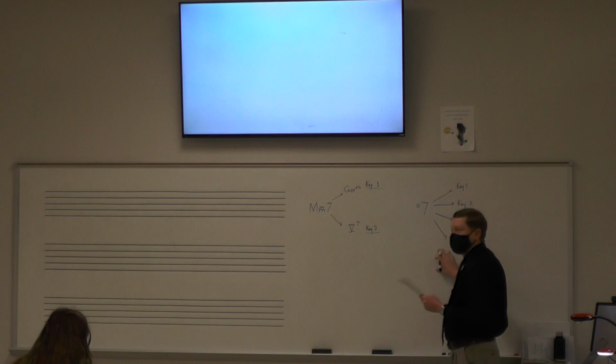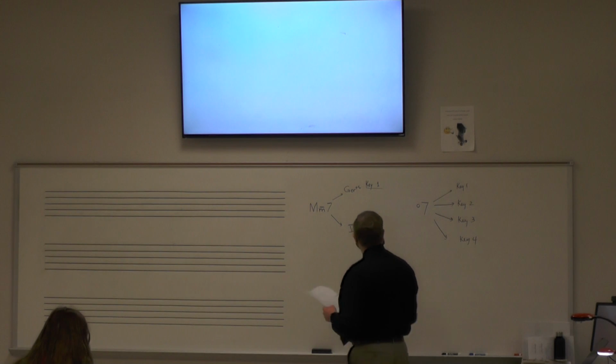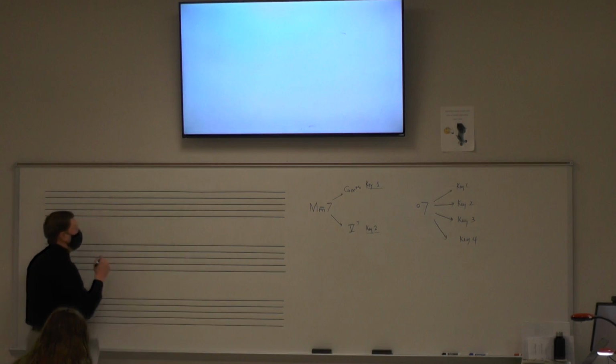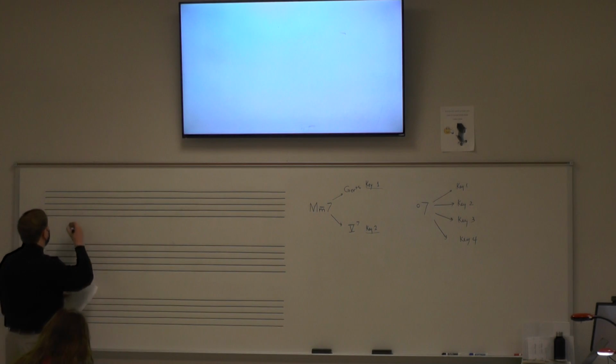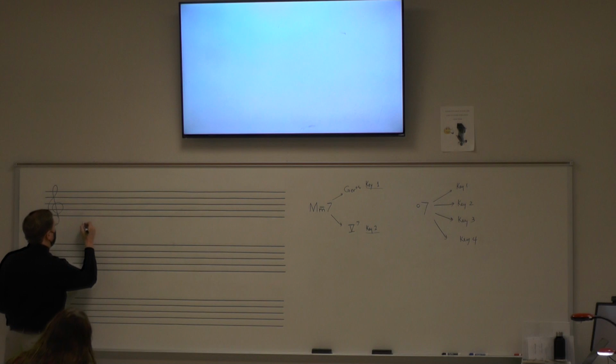The reason this is possible with the fully diminished seventh chord is because the chord is a symmetrical chord. We've probably mentioned over the semesters how to spell a fully diminished seventh chord. Let me put one up here on the board: C sharp, E, G, B flat.